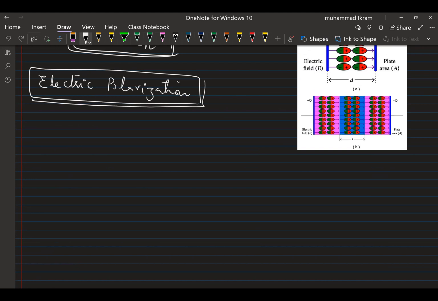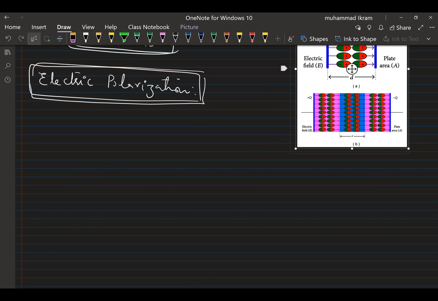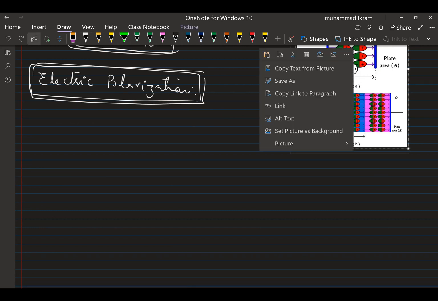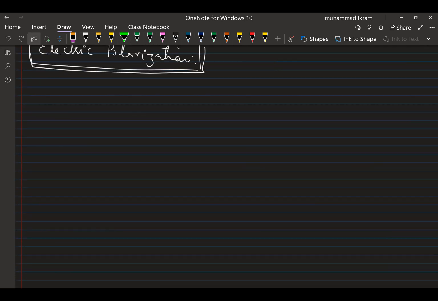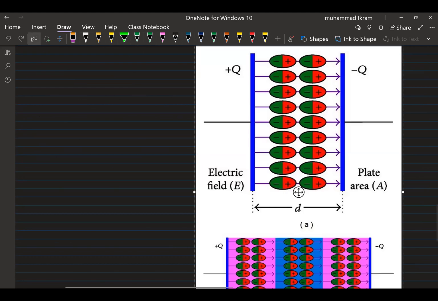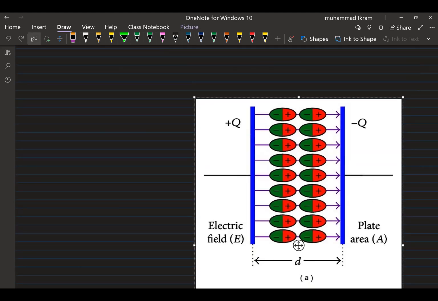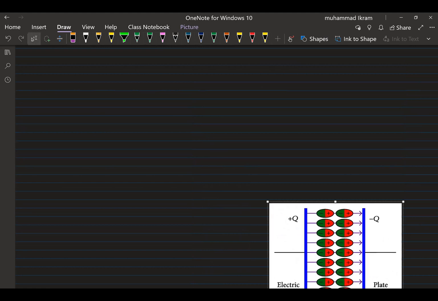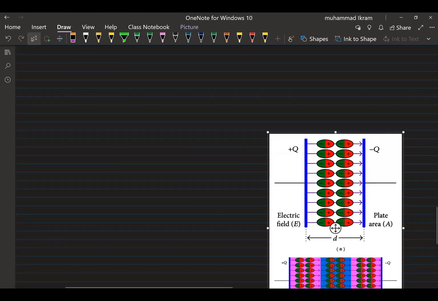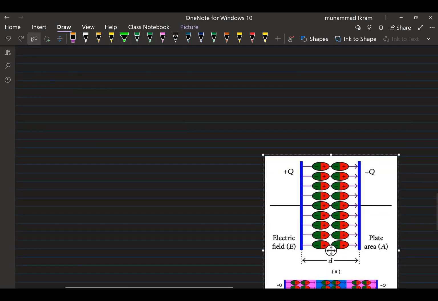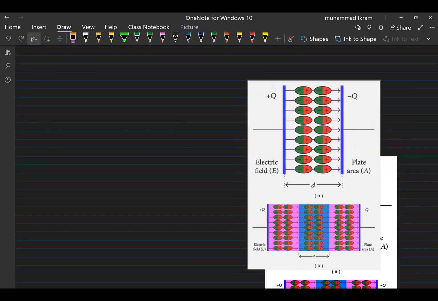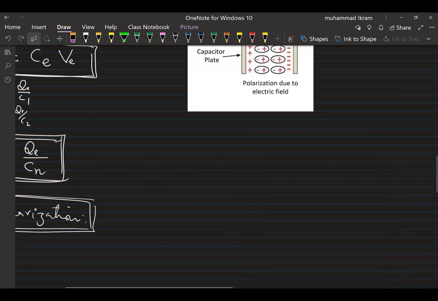Electric polarization is actually the phenomenon in which, let me fit the diagram first here so that I can explain things very easily to you.